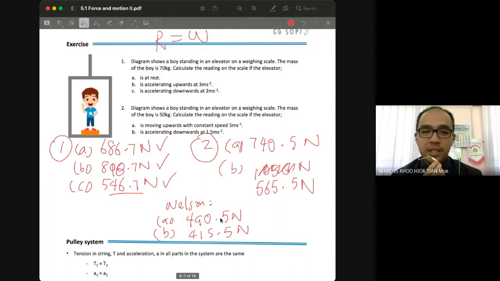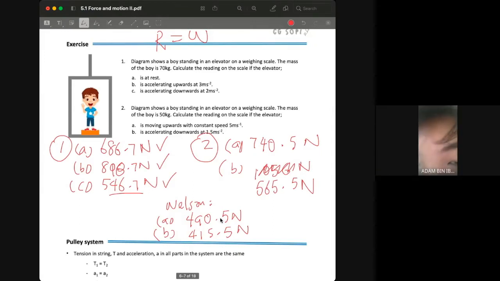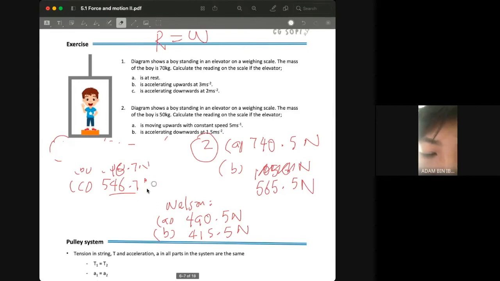Let's consider Adam's answer first. Adam, how did you get 740.5? Can you explain to us? Since the elevator is moving upwards, that means the R is bigger than W. R is bigger than weight.